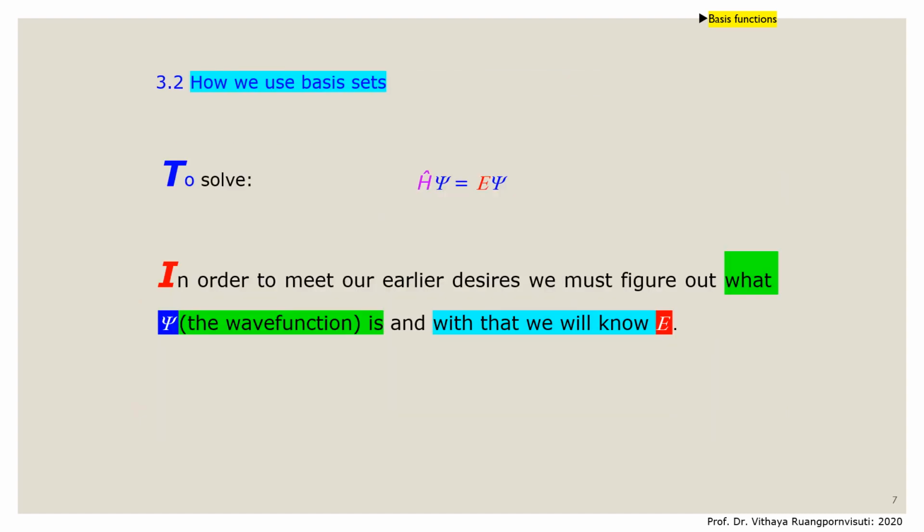How do we use the basis sets to solve the Schrödinger equation?